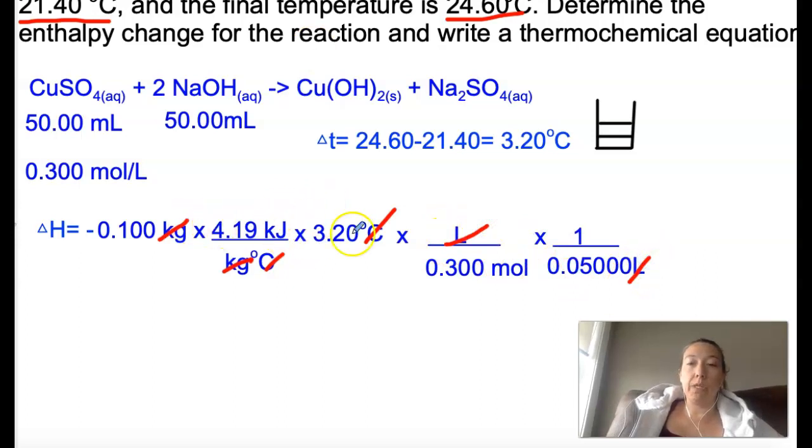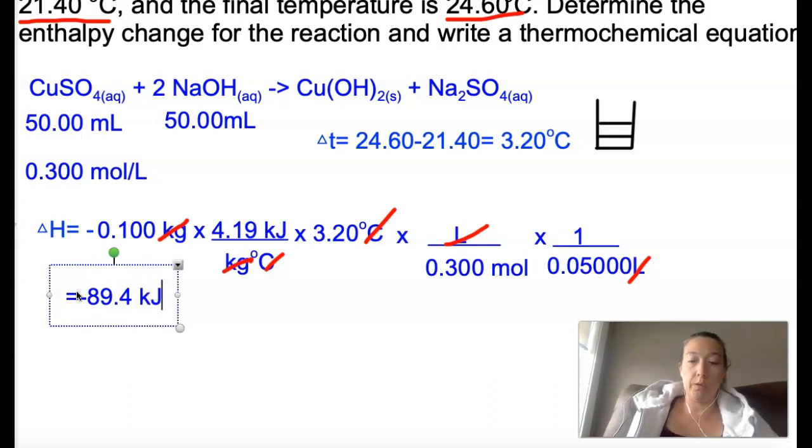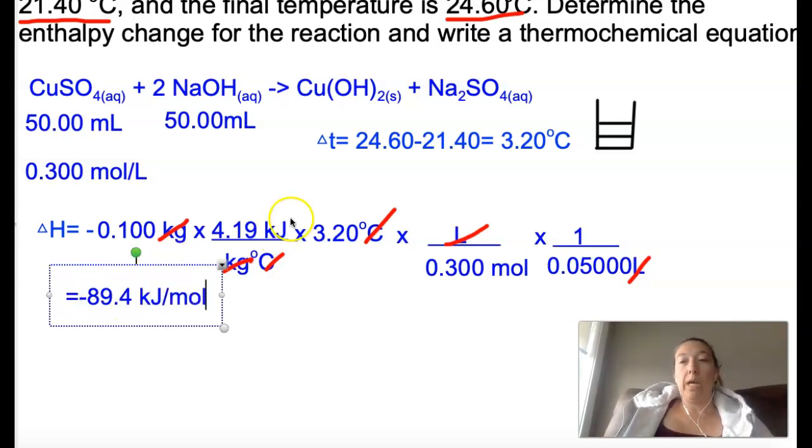Now I'm left with kilojoules per mole. So negative 0.1 times 4.19 times 3.2 divided by 0.3 and divided by 0.05 is going to give me negative 89.4 kilojoules per mole.